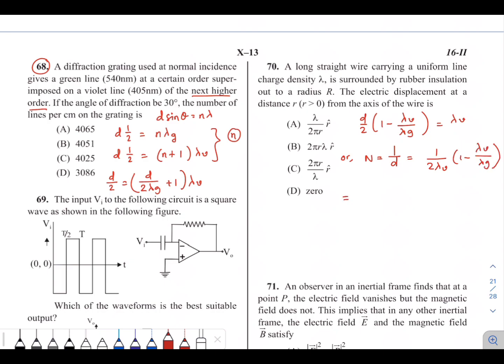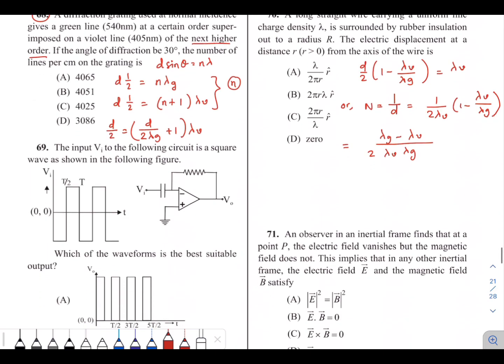Let's simplify this further: lambda g minus lambda v divided by 2 times lambda v lambda g. So let us put the values. Lambda g is 540 nanometer minus 405 nanometer, divided by 2 times 540 times 405, the unit being nanometer.